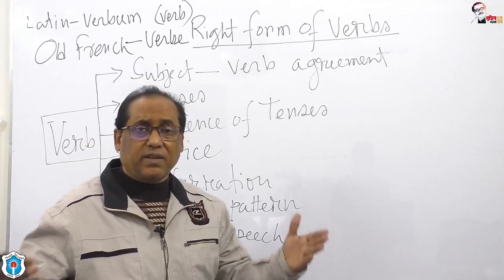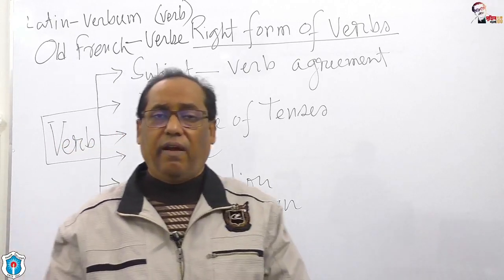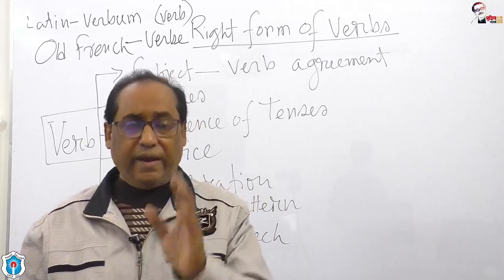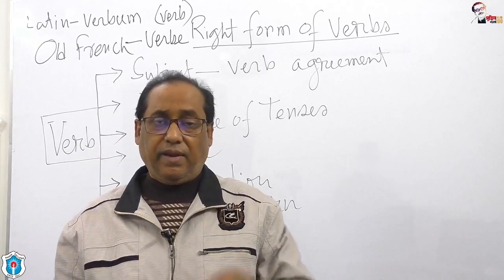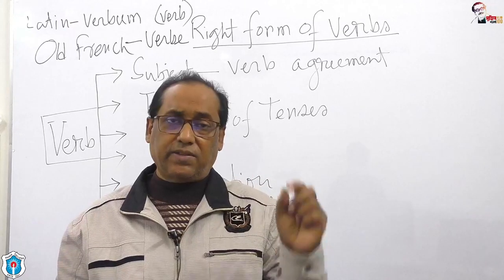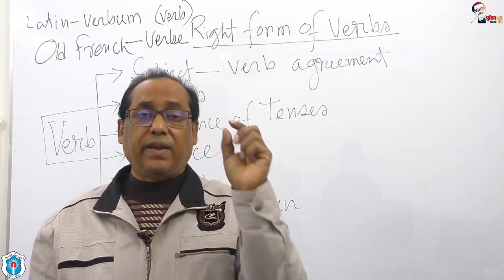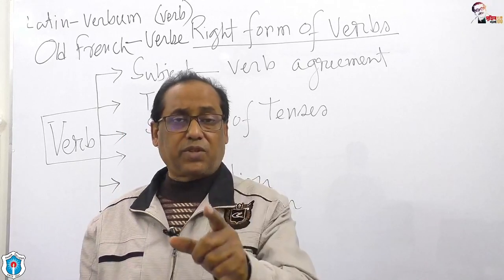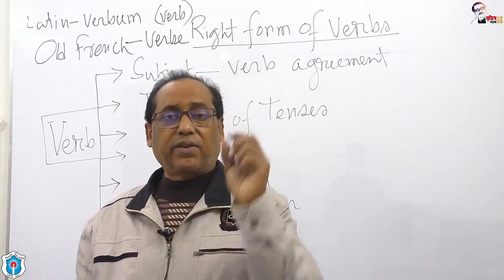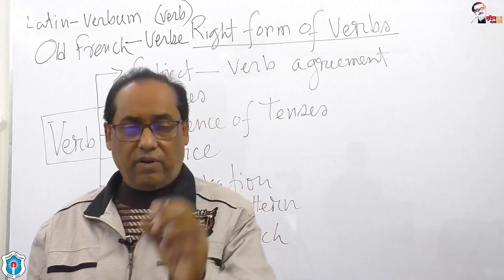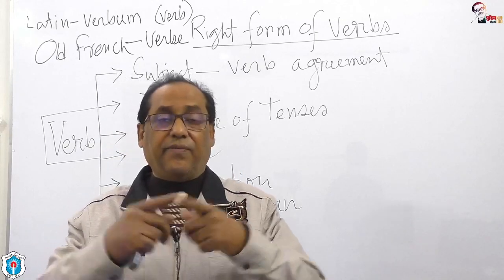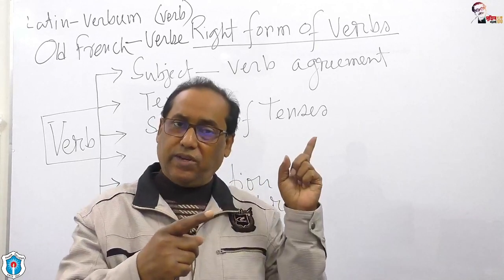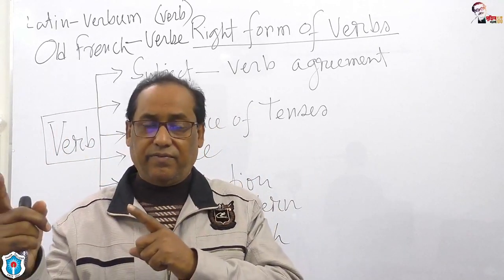Now, what is subject-verb agreement? According to subject-verb agreement, if the subject is singular, it takes a singular verb. If the subject is plural, it takes a plural verb. That is, there is an agreement between a subject and a verb.